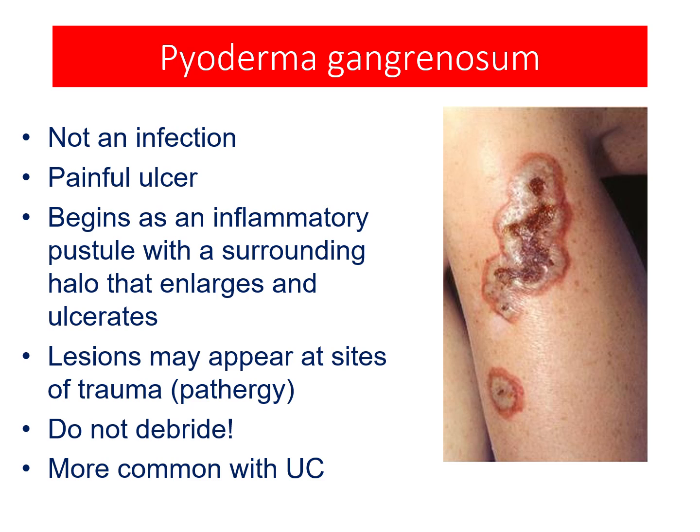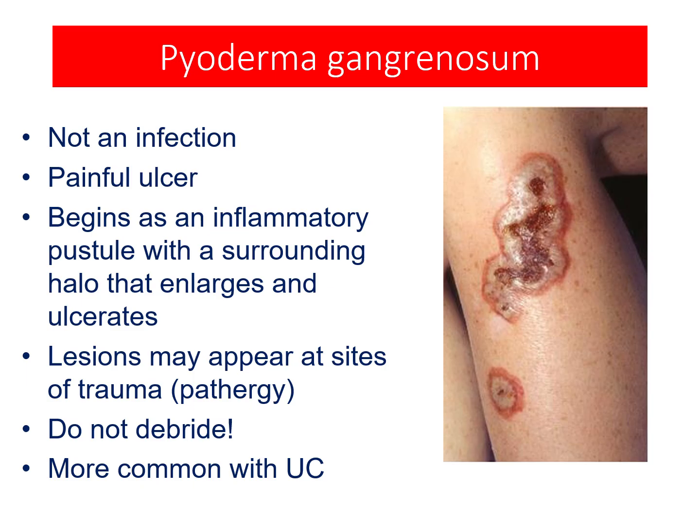They're painful ulcers that start off as very small pustules with some erythema around them, and then these lesions enlarge and ulcerate, and the ulcers keep on enlarging. It's also common to see these at sites of trauma, which we call pathergy. So if there has been some minor trauma, the ulcer will develop and will grow.